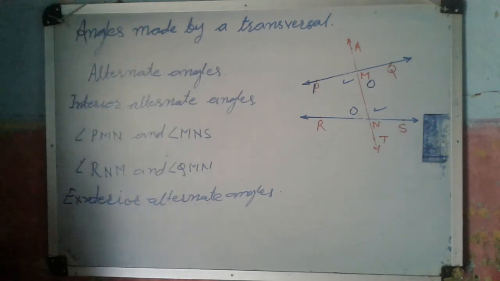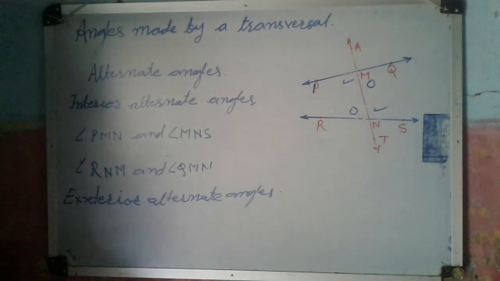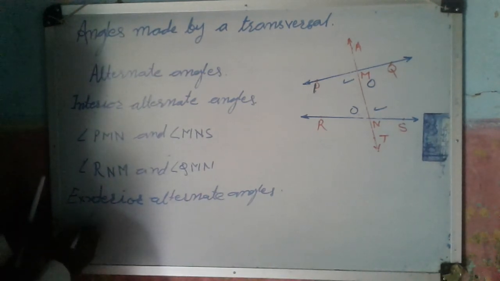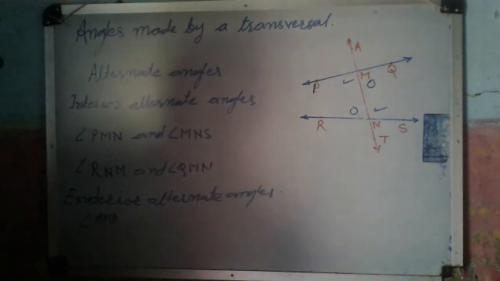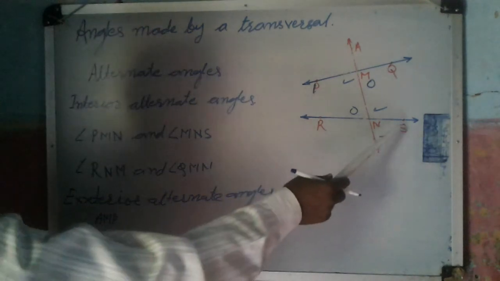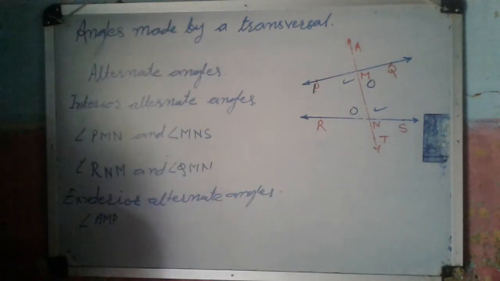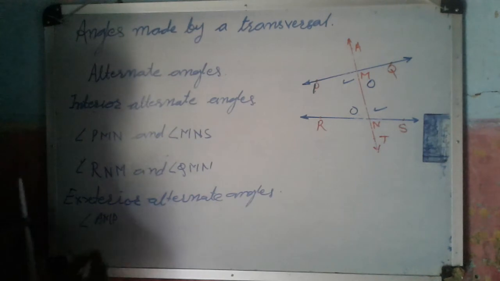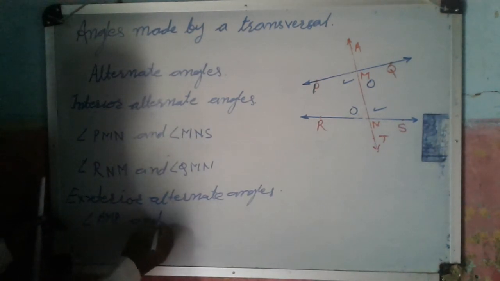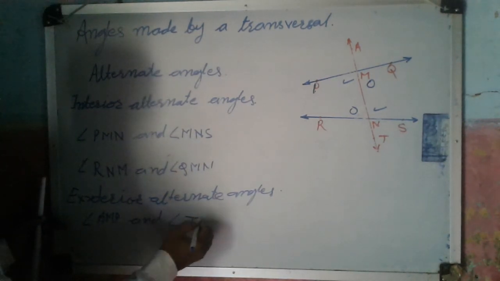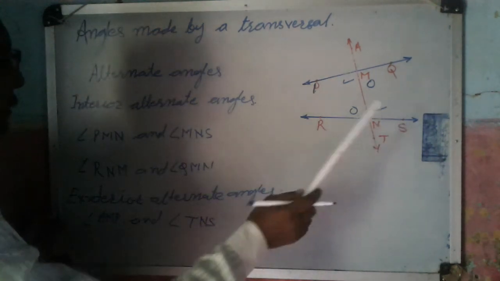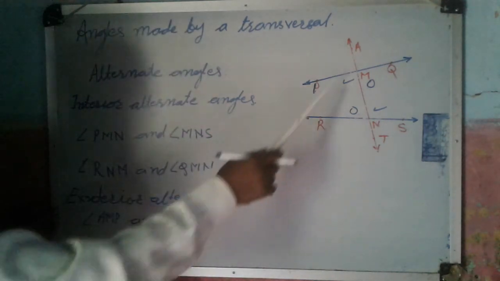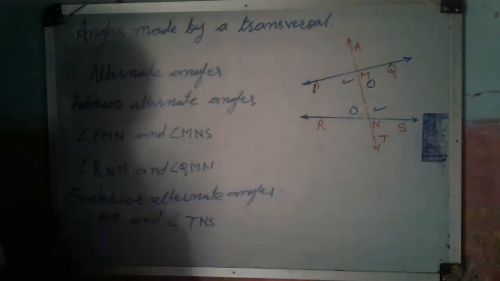So here one pair is angle AMP and angle SNT or PNS. You can read this as TNS or SNT. Also you can read this as AMP or PMA.